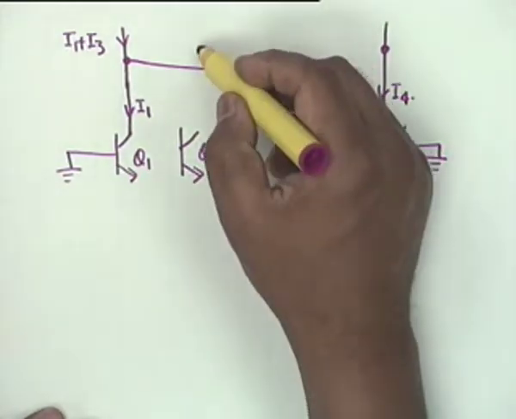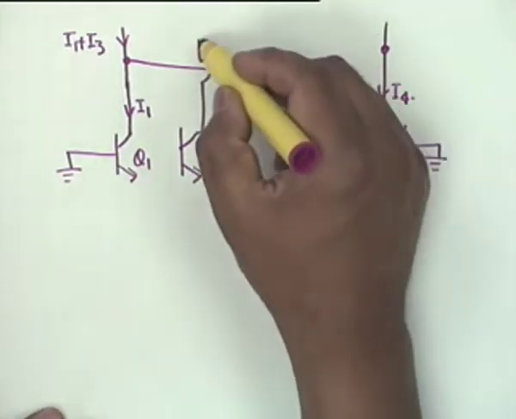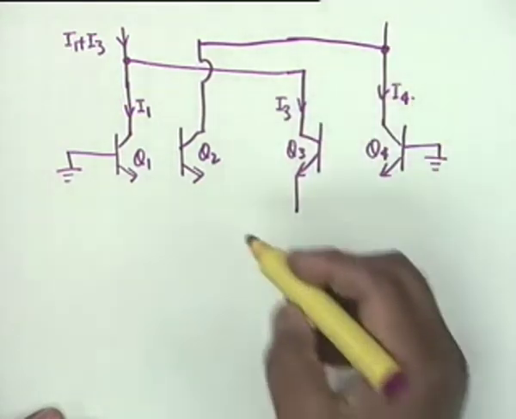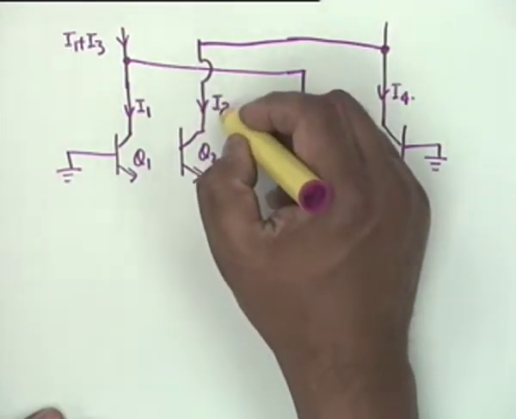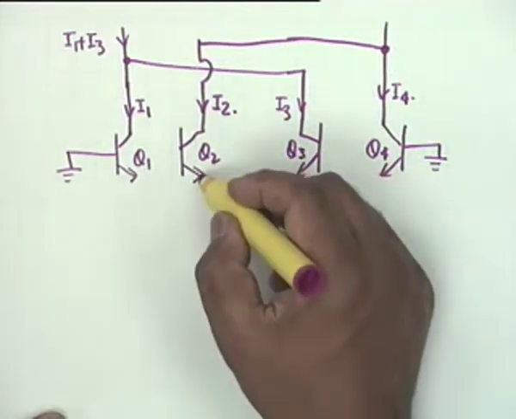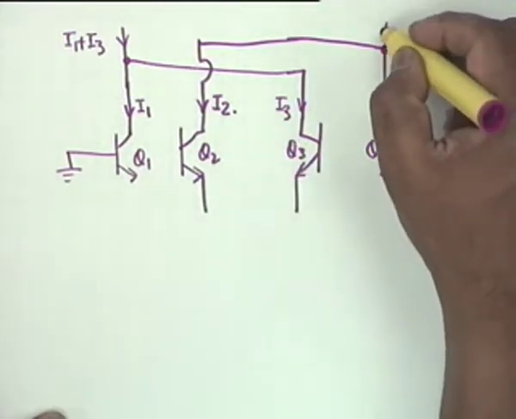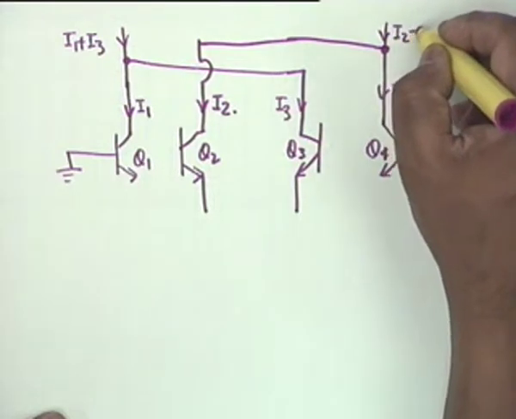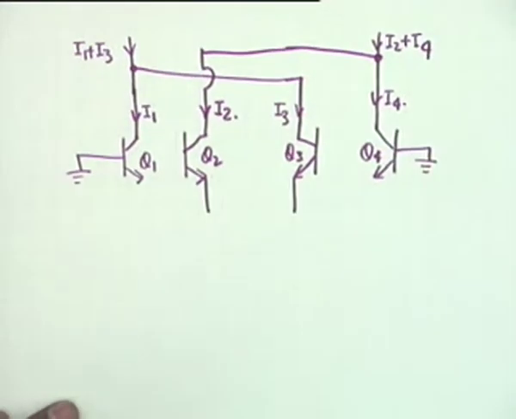All right, this is connected to this point. This current we shall call I2. Therefore this current would be I2 plus I4. Agreed?